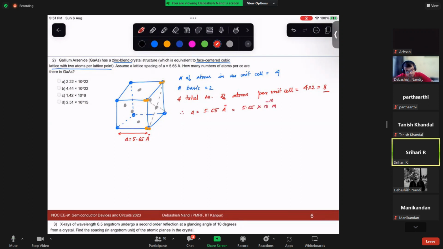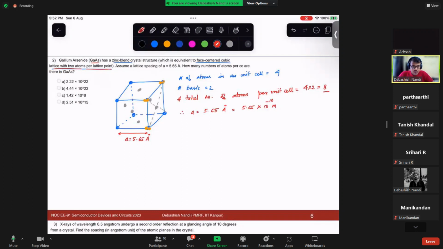Why is the basis 2, sir? Because it is given, right? Gallium arsenide has a basis of 2, which means it has that physical nature. It has nothing to do with anything else. I can answer why the basis is that, but that requires more depth of understanding about the crystal structure and crystallography, your molecular orbitals and all.